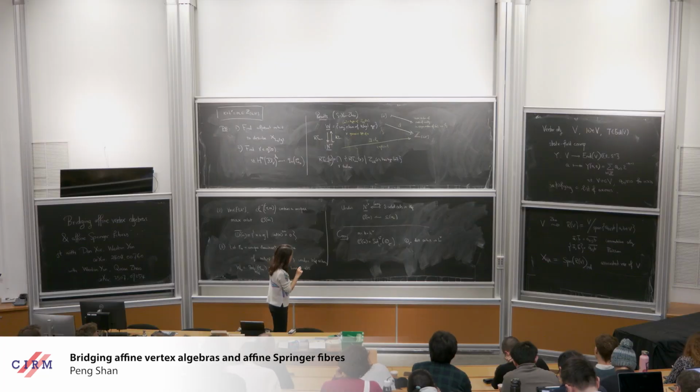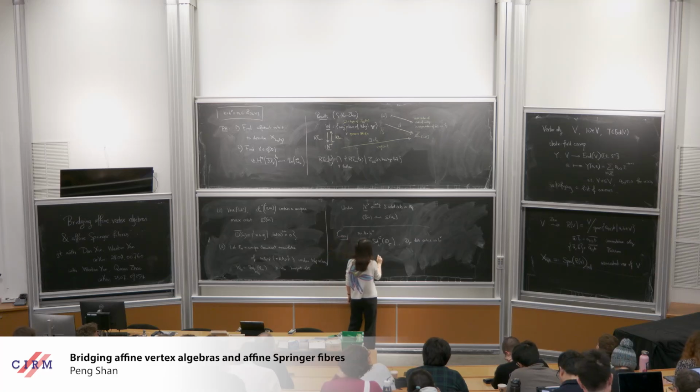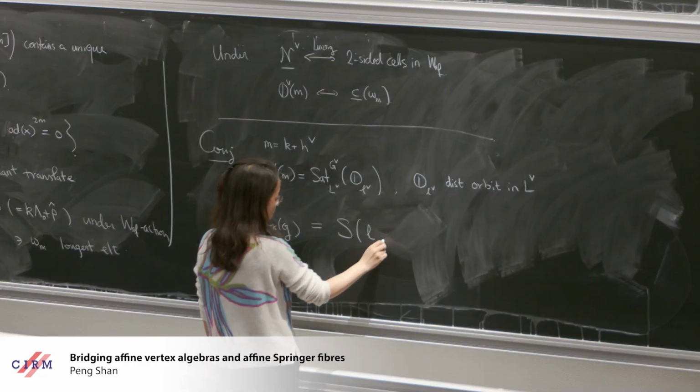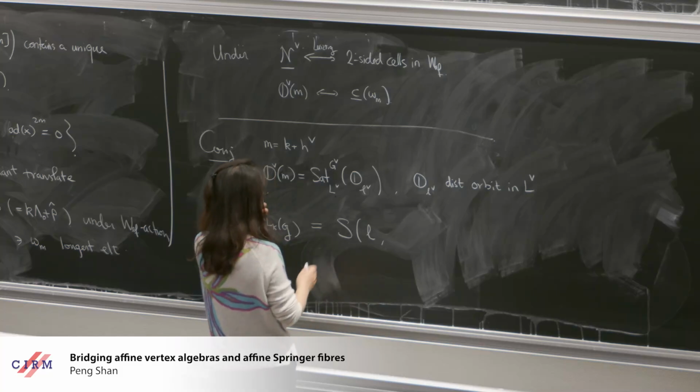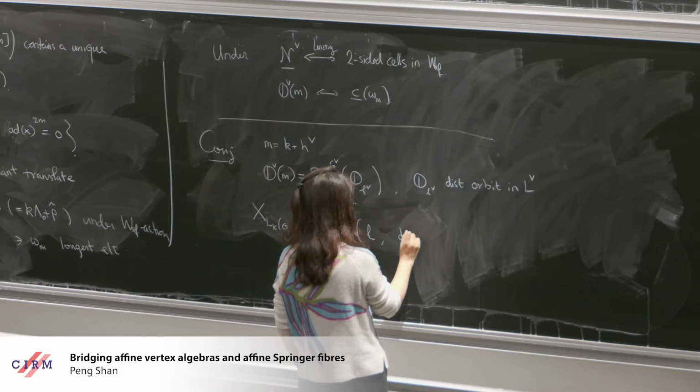And now the conjecture is that the associated variety of L_k(g) is given by the so-called sheet attached to the Langlands dual of this Levi, which I denote by L, and the Barbasch-Vogan-Lusztig dual of this orbit.